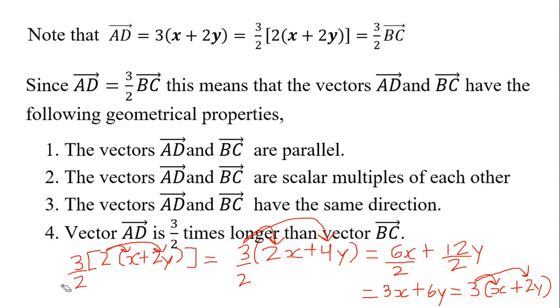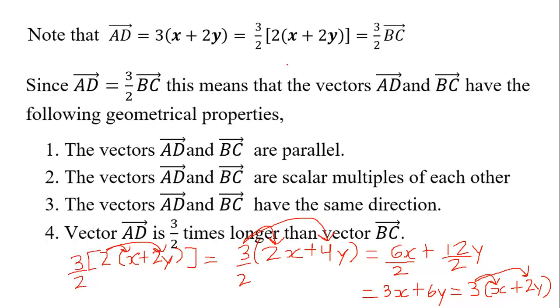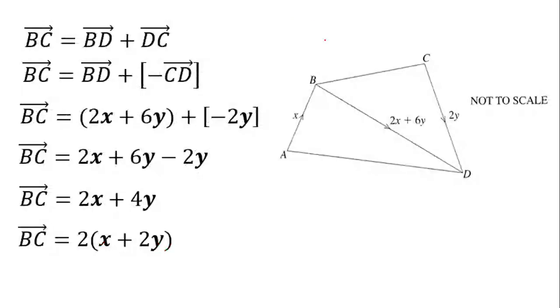Now, what is this expression here? What is 2 times x plus 2y? Have we seen that before? Let's go back to our question and notice, look, that's exactly BC.